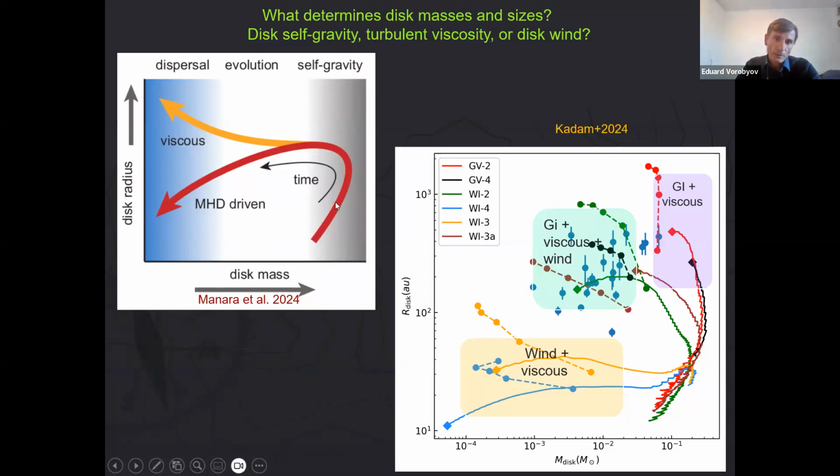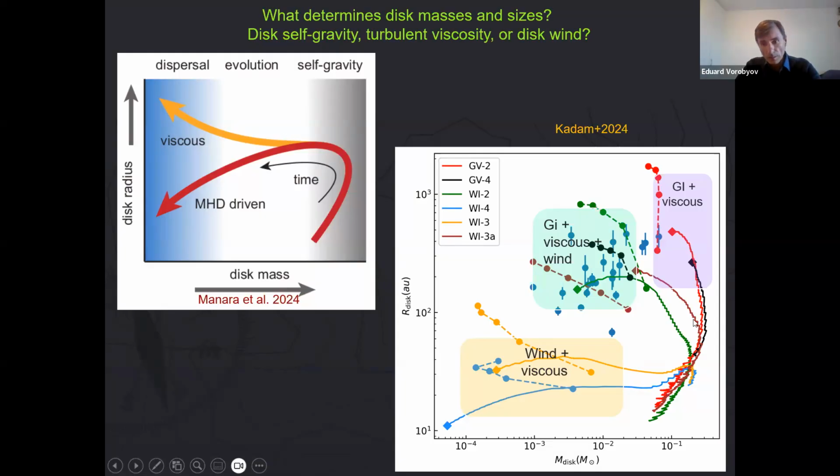As of now, we see that the trend is first the disk radius and mass are determined by self-gravity, but then it can bifurcate, and MHD winds drive the disk radius and disk mass lower, while viscous effects actually spread the disk.